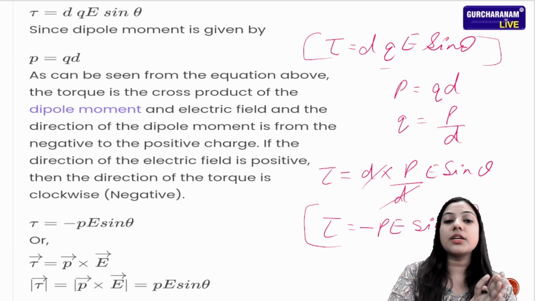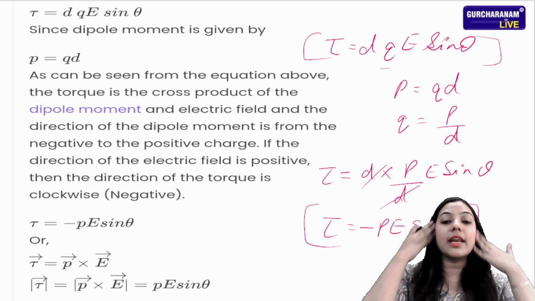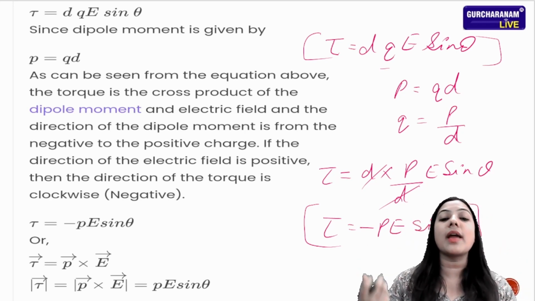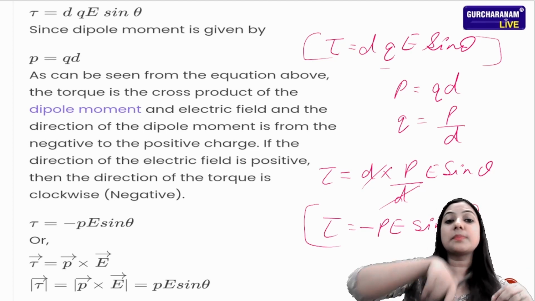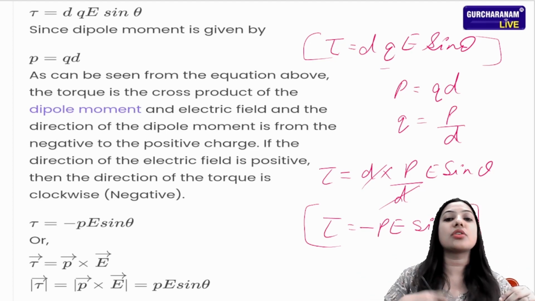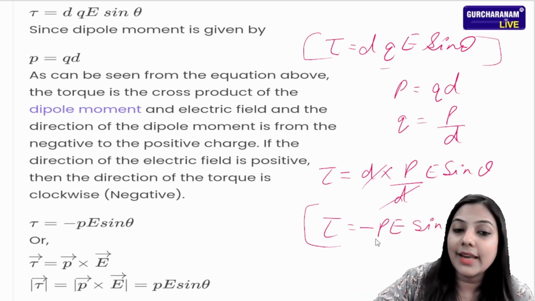So, if the direction of electric field is positive, then the direction of torque is negative. That means torque is negative here.